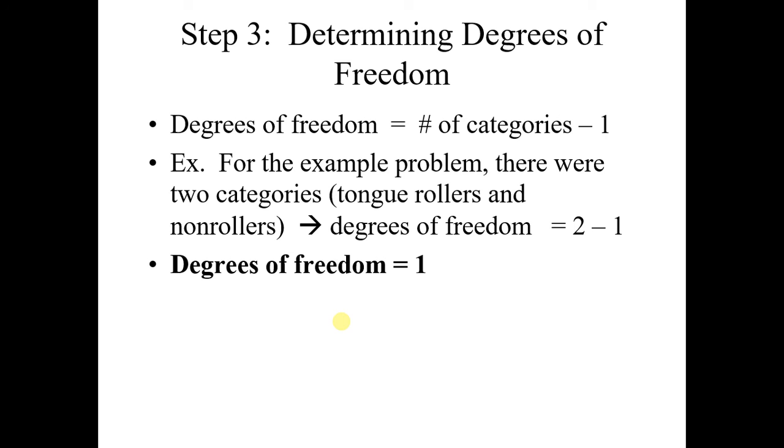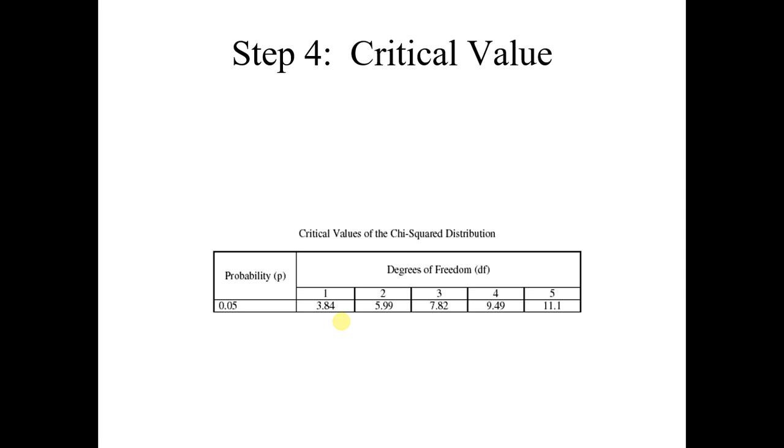All right, and so now we have our chi-square value of 12, and we have our degree of freedom number, 1. And we'll go back to our AP Biology formula sheet to a little piece that looks like this, which is called the chi-square critical value table.